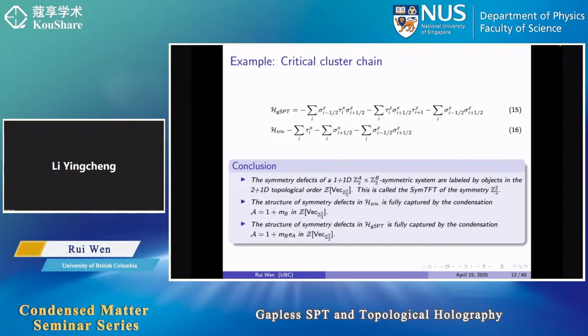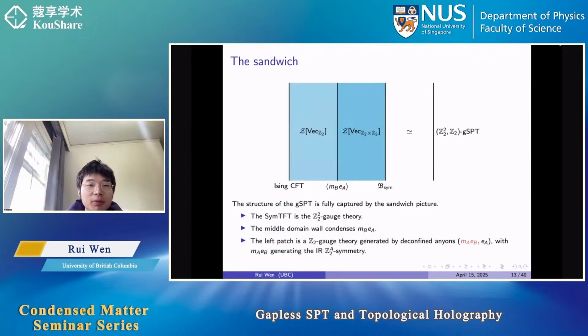Okay, thank you. Okay, so usually people like to draw this sandwich picture, right? Basically, all the structures I discussed can be fully captured by this so-called sandwich picture. So the SymTFT is the Z2 squared gauge theory here on the right, right? And the middle domain wall condenses MBEA.